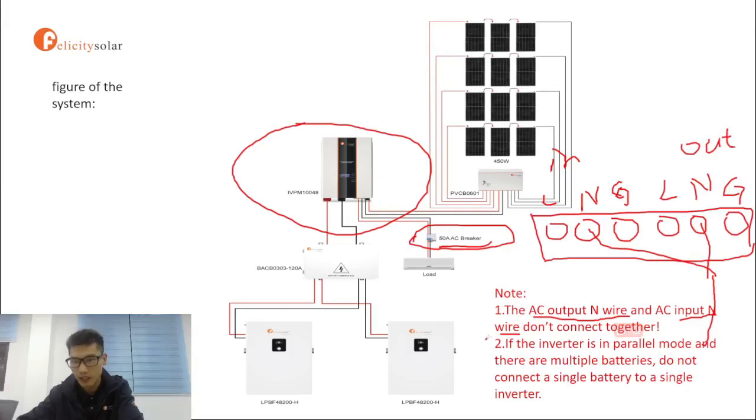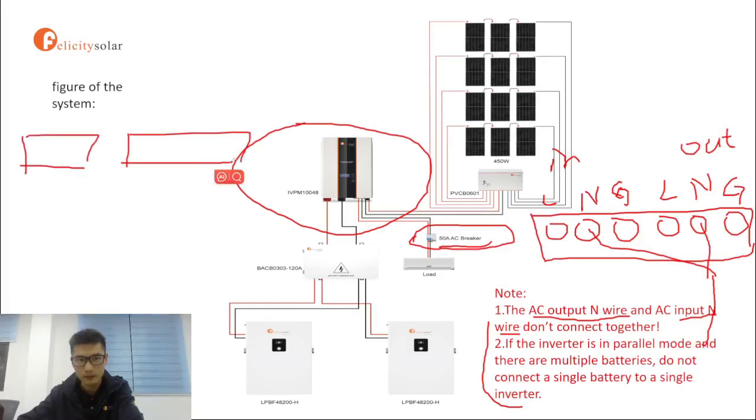And then the second thing you have to pay attention to is if the inverter is in parallel mode and there are multiple batteries, do not connect a single battery to a single inverter. So for better understanding, I will draw them out.